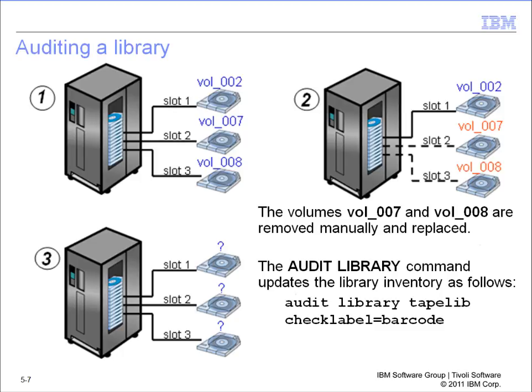In this scenario we're showing here, volumes 7 and 8 in slots 2 and 3 had some problem and needed to be removed manually and replaced. Then you would run the audit library command to update your library inventory. Auditing the library using the audit library command does take resources and time. So if you can avoid changing tape locations in your library, do so.